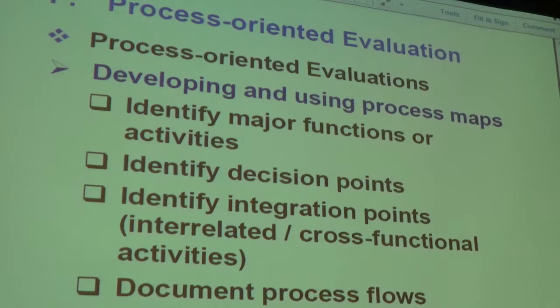Also, it provides a document of the process flow for various programs and services. So a process-oriented evaluation looks at program mission, goals and objectives, and how the programs are implemented. When those programs are implemented, it looks at particular tasks and activities, and whether those tasks and activities affect other programs and services.